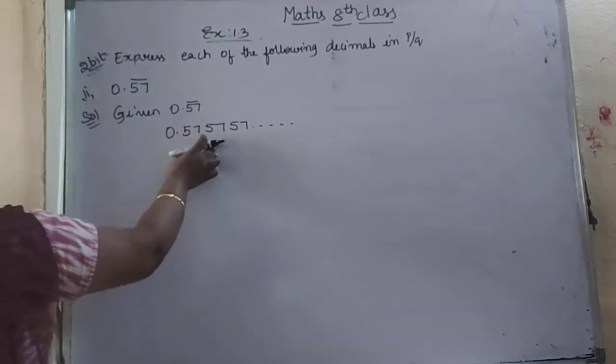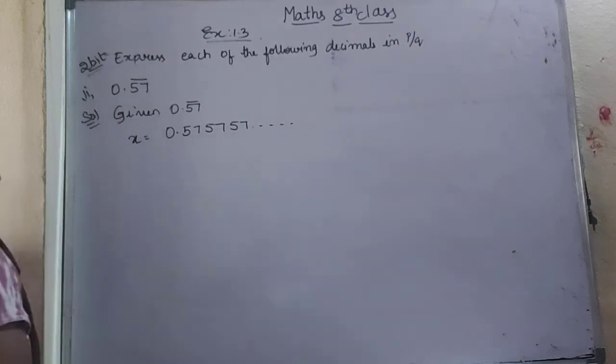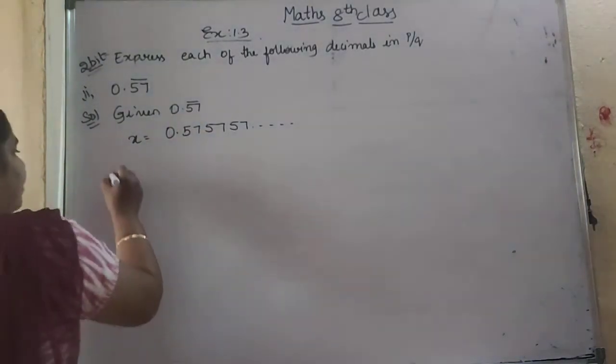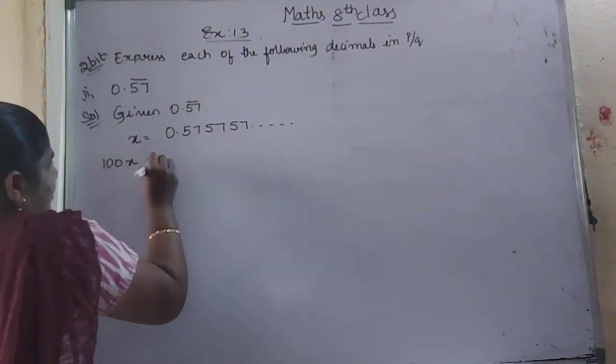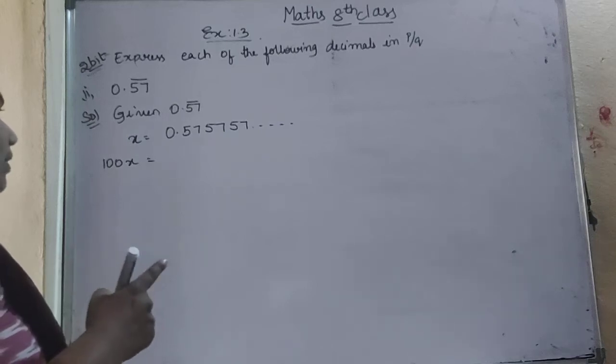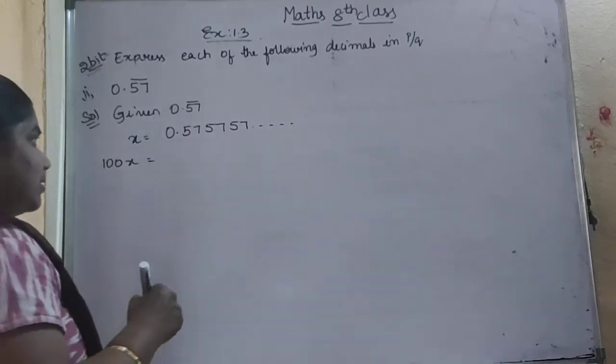We take this as x. Now the bar is for two numbers, so we write 100x. If the bar is for only one number, we take 10x. If the bar is for two numbers, we take 100x.